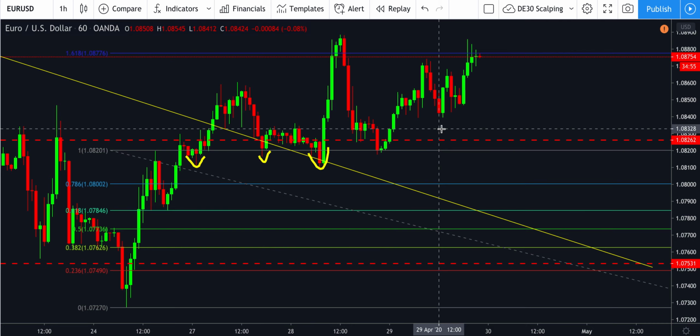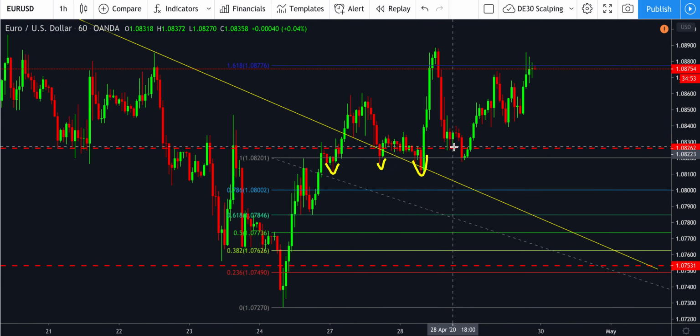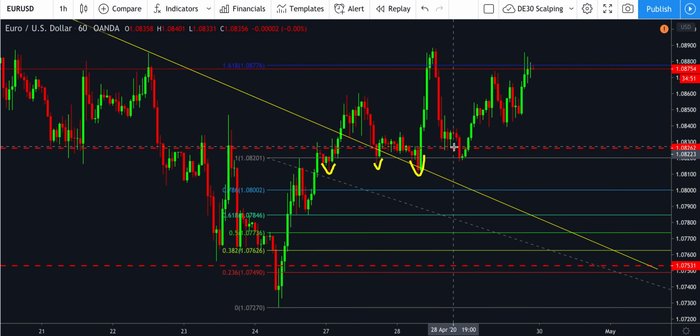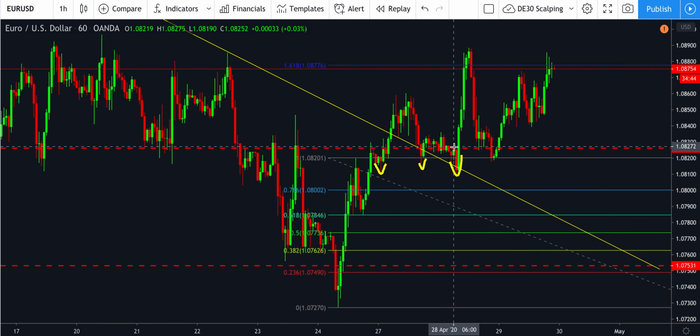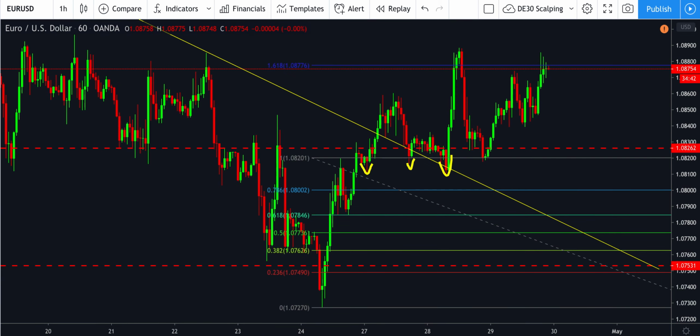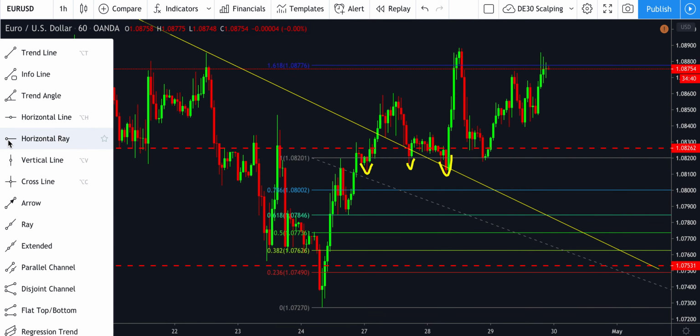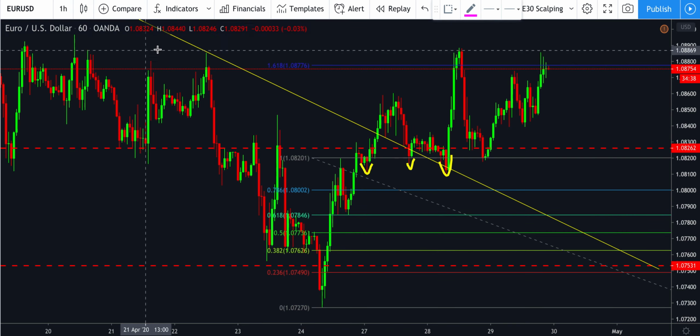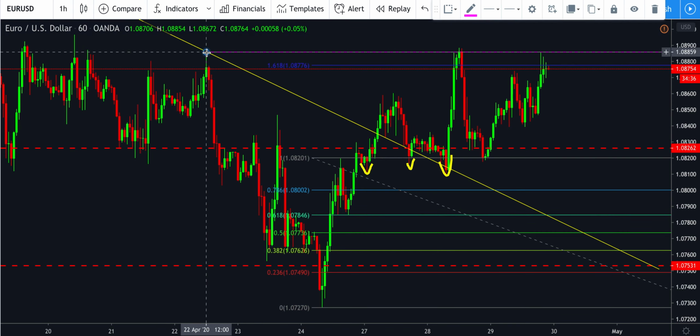Okay, so for tomorrow, what do we have? Here are the hints that we should discuss. We have a line, a very strong resistance level right here.